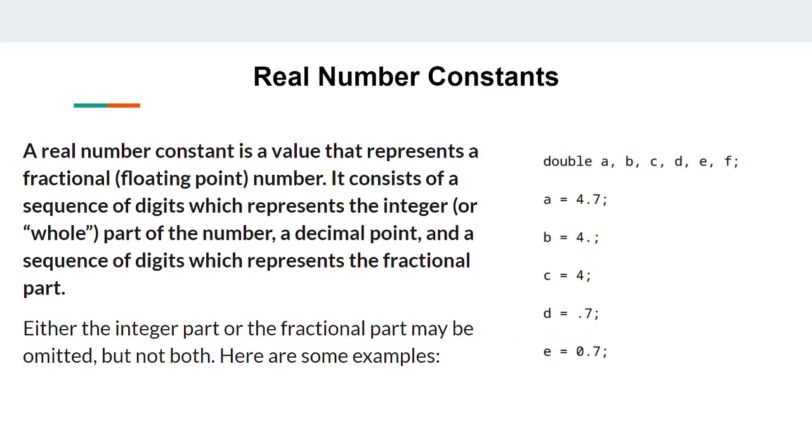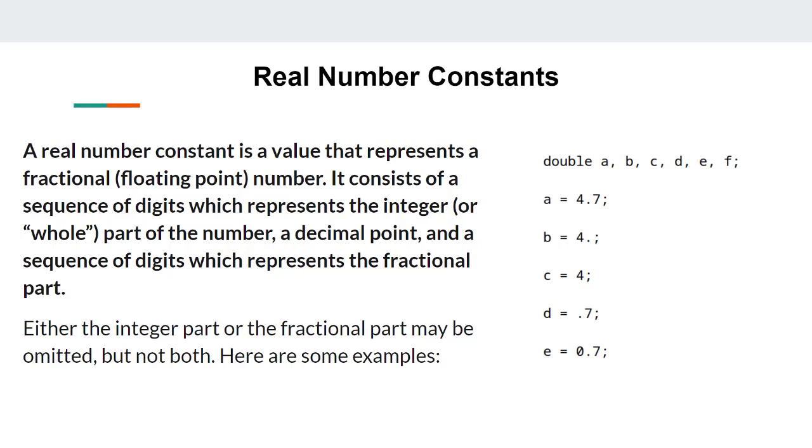Now real number constant. A real number constant is a value that represents a floating point number. It also consists of a sequence of digits, and those digits vary from 0 to 9, and here a decimal point is required. Now 4.7, 4.0, 0.7, these are different real constants.